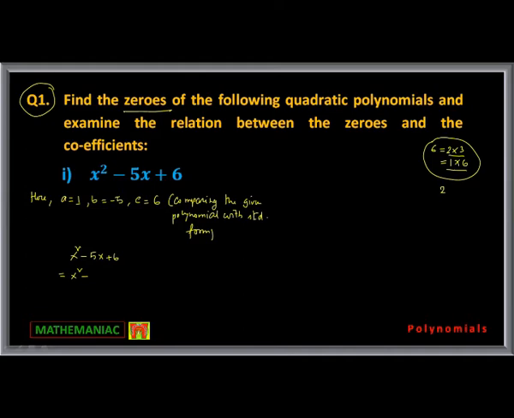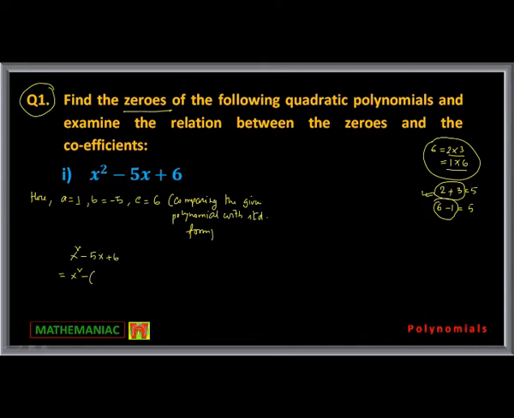So in that case, 2 plus 3 is justified, because 2 and 3 are both of the same sign, whereas 6 and minus 1 are of different signs. If you multiply, minus 6 will come. Am I clear about that? Okay. So I have to choose 2 plus 3.